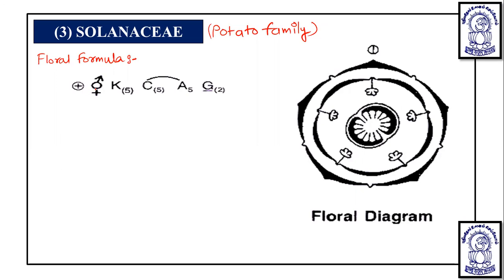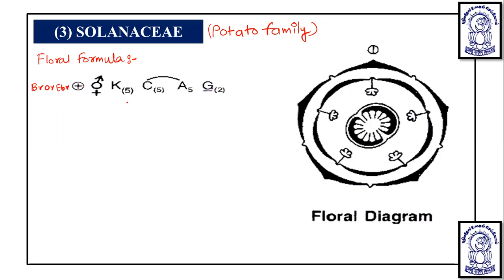Then, bisexual flower. Actinomorphic means radial symmetry. But one more thing, some flowers can be bracteate or ebracteate. So both are possibilities.